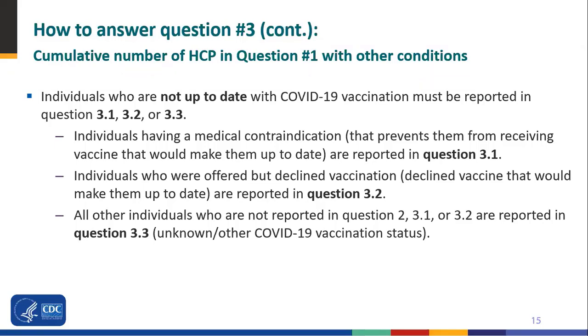Individuals who are offered but declined vaccination that would make them up to date are reported in question 3.2. All other individuals who are not reported in question 2, 3.1, or 3.2 are reported in question 3.3, which is unknown or other COVID-19 vaccination status.